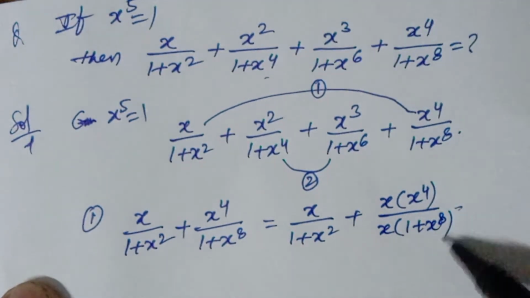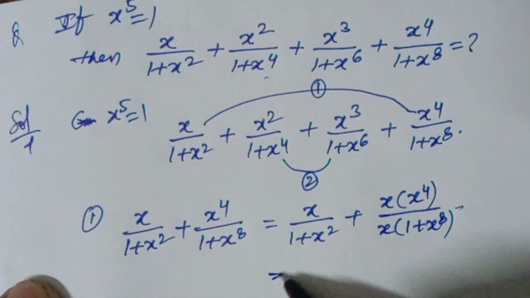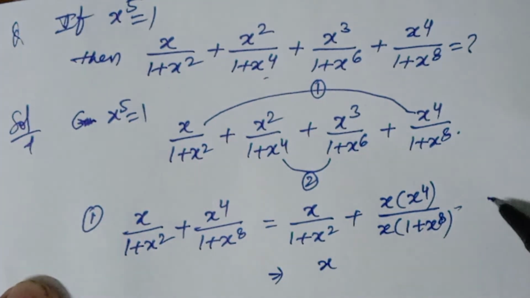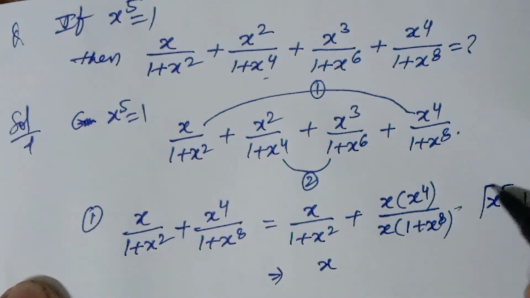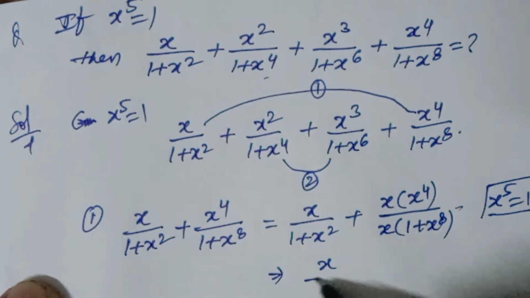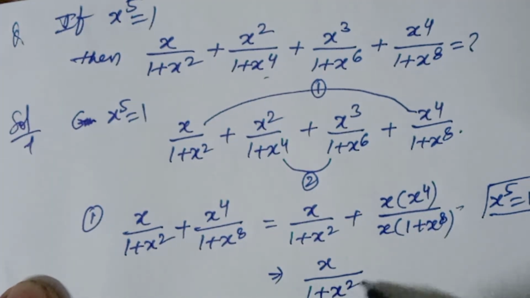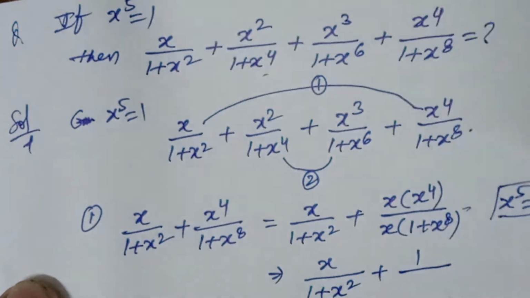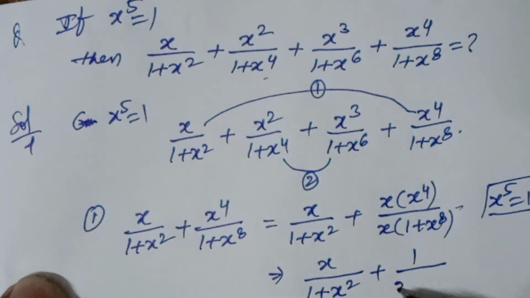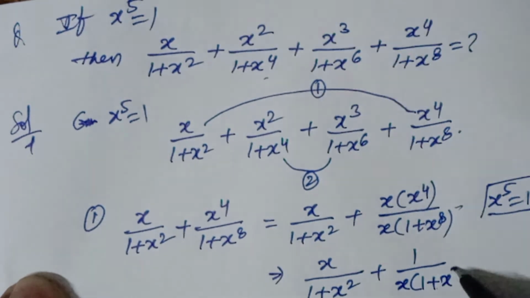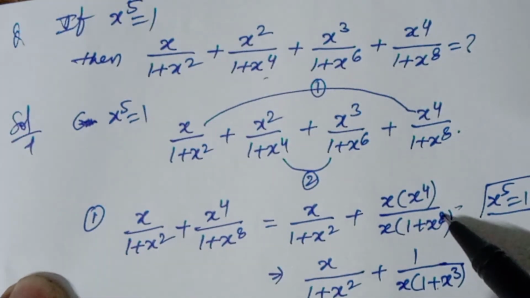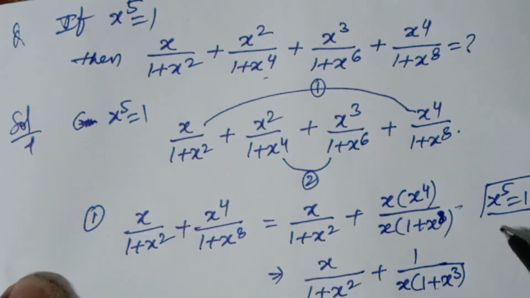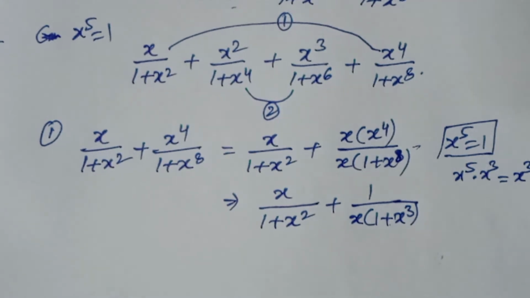So here what will you get? x to the power of 5 in the numerator, and x to the power of 5 is given as 1. So you can write x by 1 plus x square plus 1 by x into 1 plus x cube. Here x power 8 can be written as x power 5 into x cube. So x power 5 value is 1, and you can write it as x to the power of 3. So that is the logic here.